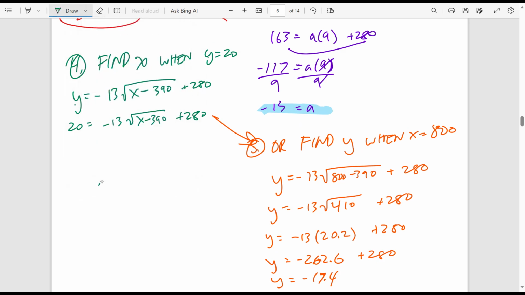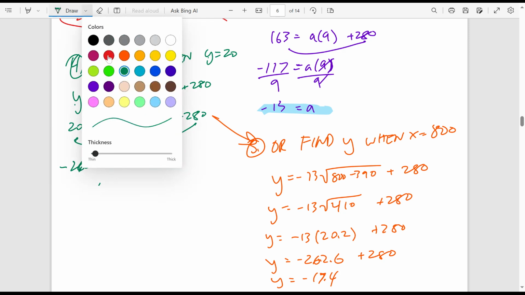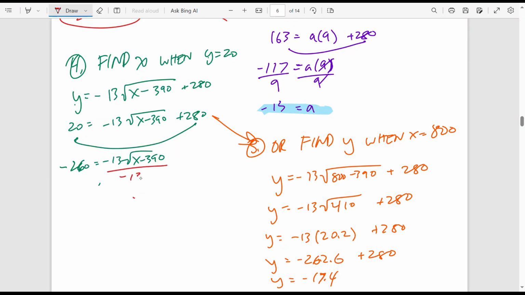Solving for x with square root functions is a little bit tougher, but it's still a good skill set to have. So I'm going to bring the 280 over. So negative 260 is equal to negative 13 times the square root of x minus 390. And then I'll divide by negative 13.